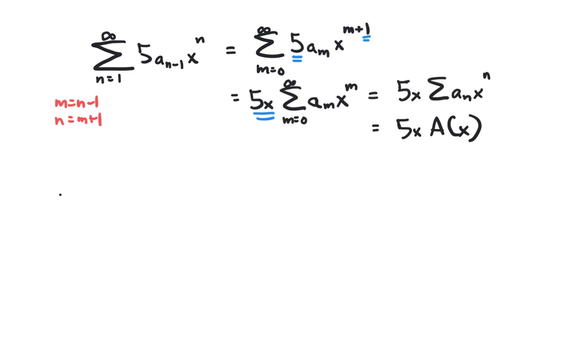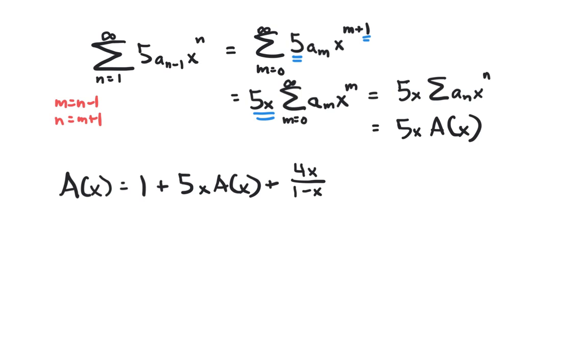So if you remember, we had A(x) was 1 plus this guy, which we've simplified to 5x A(x), plus, on the previous screen, you remember it was 4x^n, which we simplified to 4x over 1 minus x.